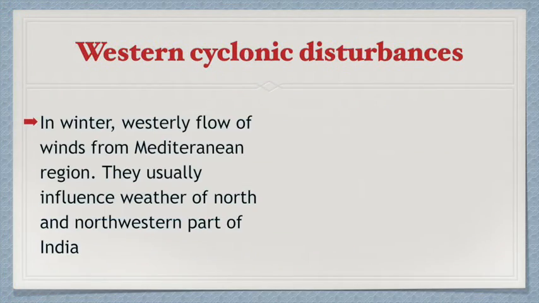Next, western cyclonic disturbances. Western cyclonic disturbances originate from the Mediterranean Sea. They move from the Mediterranean to West Asia and from West Asia to northern India and northwestern India. It brings rainfall in winter season.